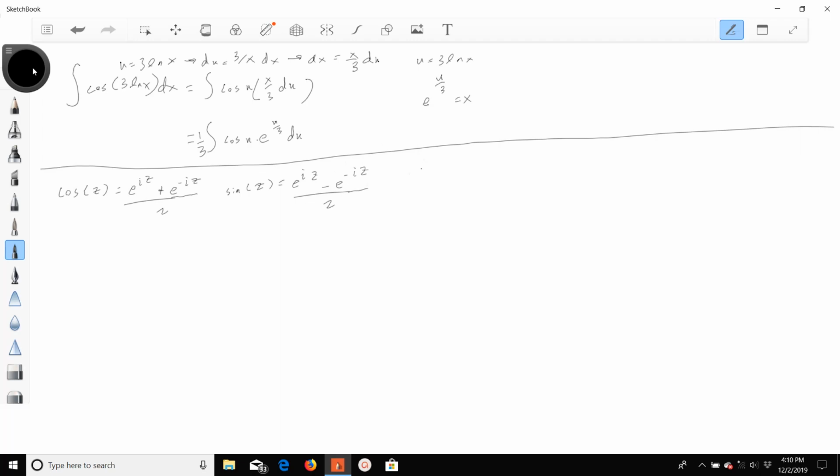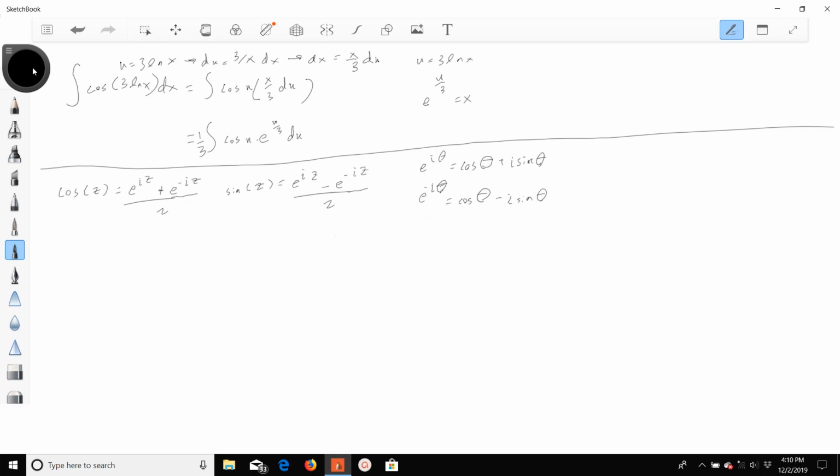And this follows from the fact that e to the i theta is equal to cosine theta plus i times sine theta, and e to the negative i theta, in other words plugging in negative theta for theta, is cosine of negative theta, which is just cosine theta because cosine is even, plus i times sine of negative theta. Sine of negative theta is the negative of sine theta, so we get minus i sine theta.